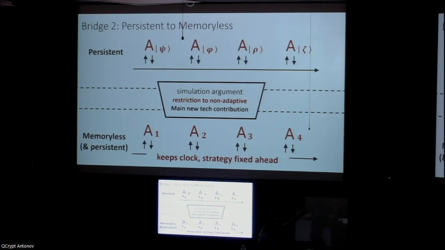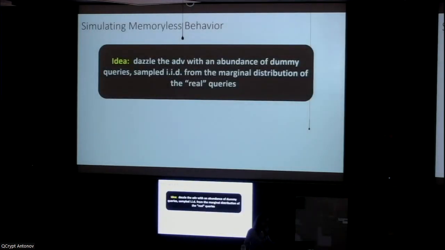I want to convert it to a memoryless one, where A1, A2 don't know what the previous A's got. And then we're almost there. Oh, I should end. So let me just say the idea here.